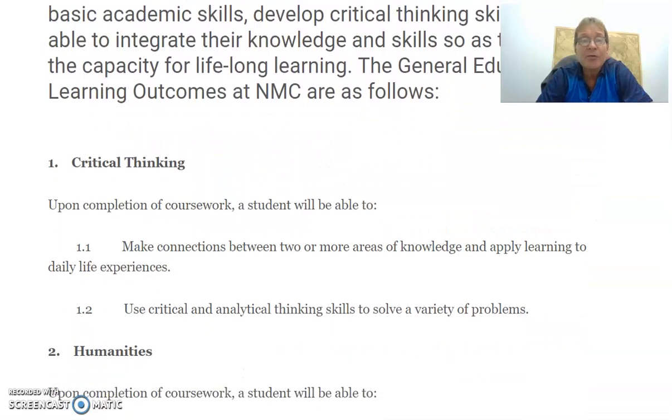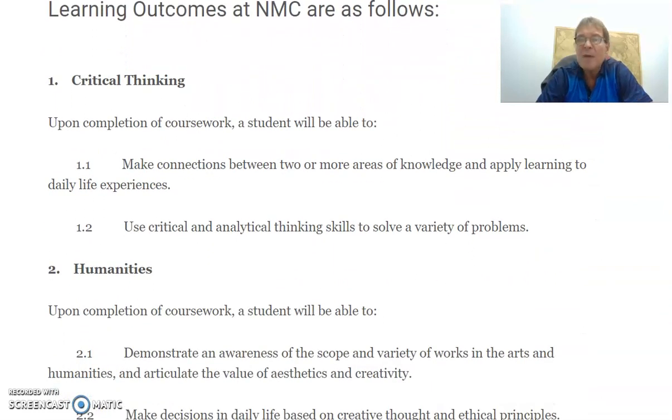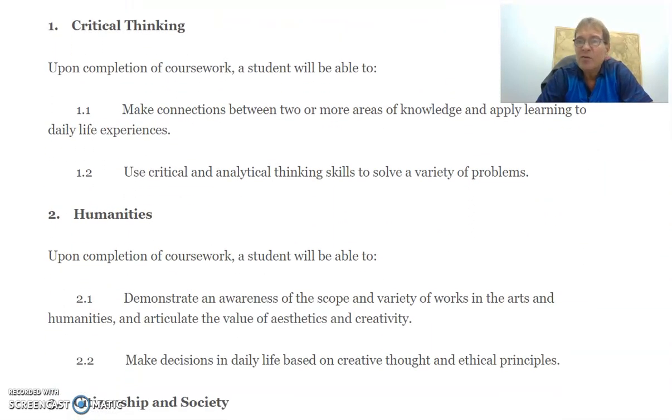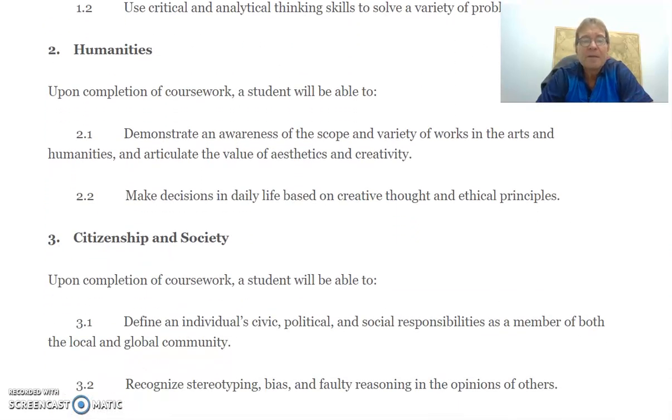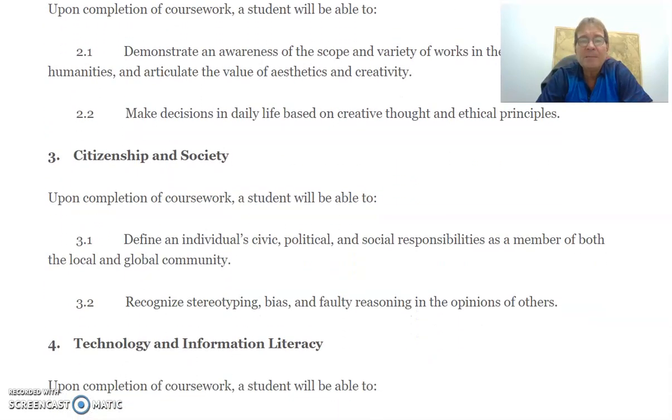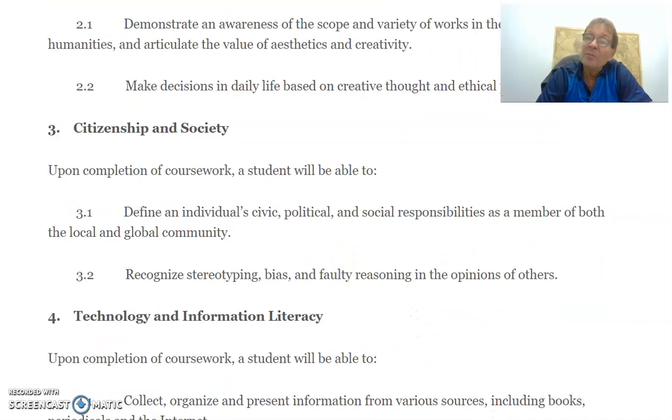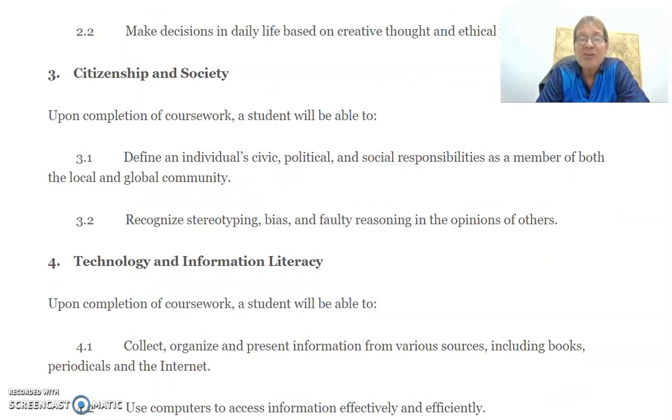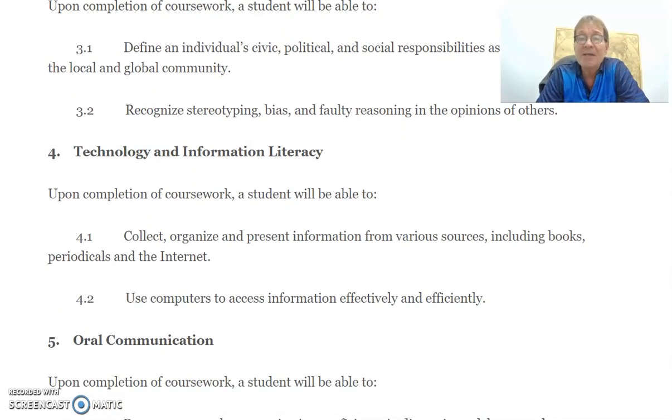We do a lot of critical thinking. We emphasize the humanities. This is a humanities course. Some citizenship and society. You'll be able to see some of the reasoning and some of the stereotyping and bias. That's slavery. We examine that in this course. This is an online course, so you are getting some technology and information literacy by taking this course.